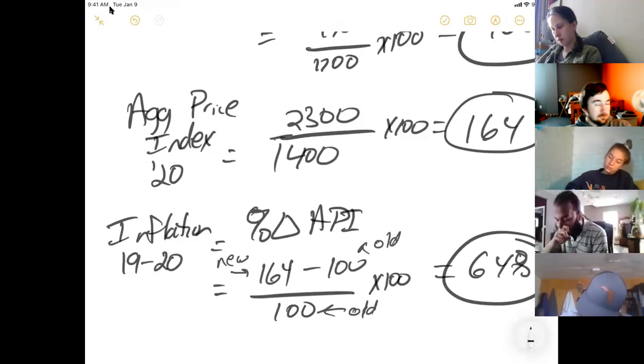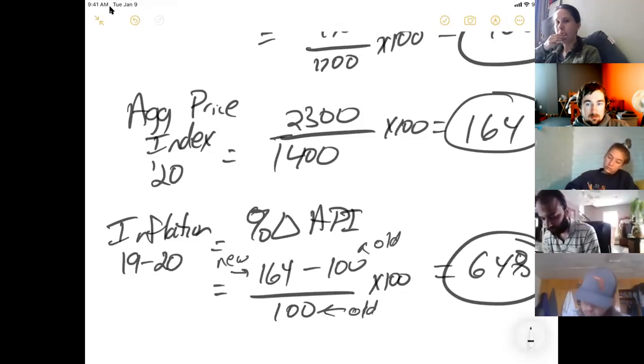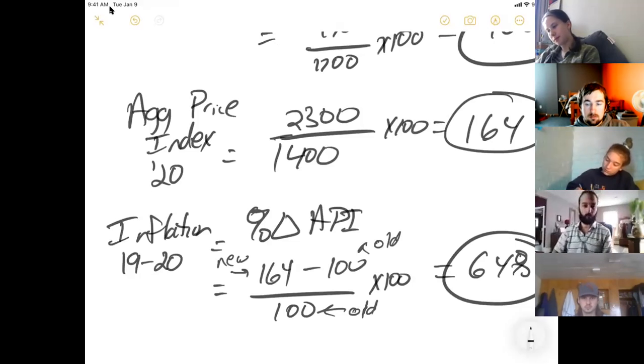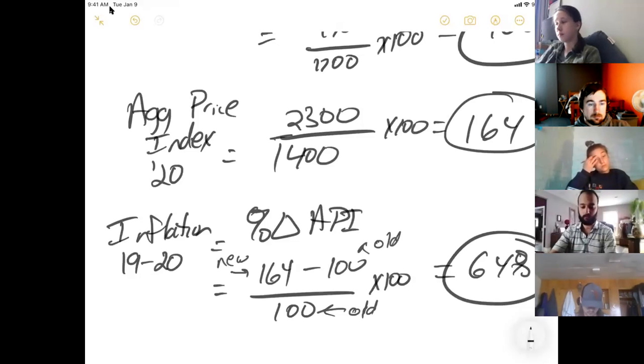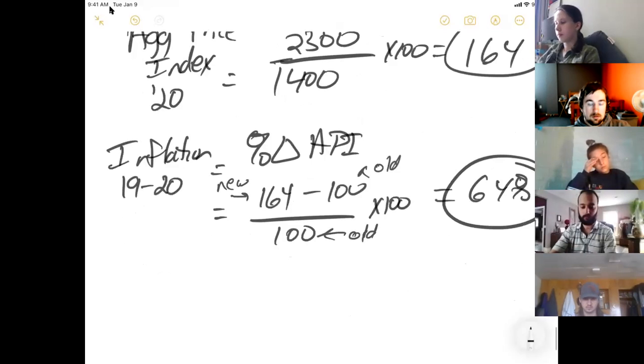So inflation is 64% according to the aggregate price index. Okay, that is one measure of inflation, to use real and nominal GDP as the way to measure our inflation rate. And that's what we call the aggregate price index.